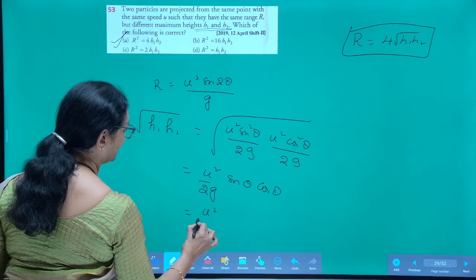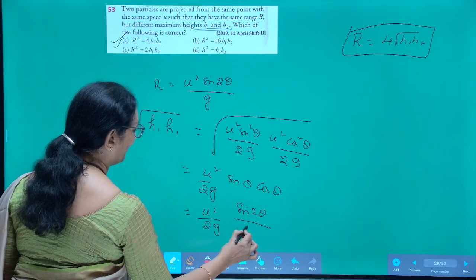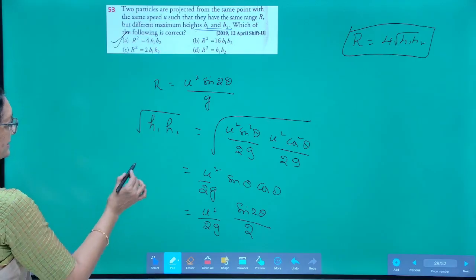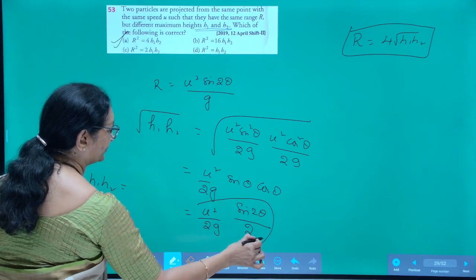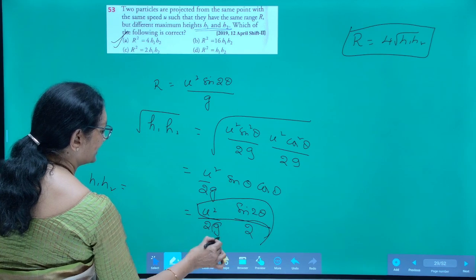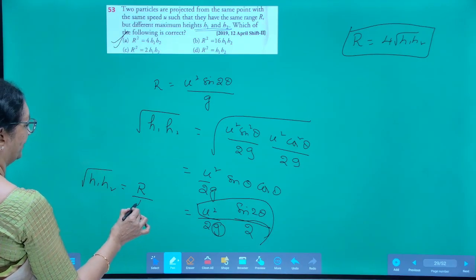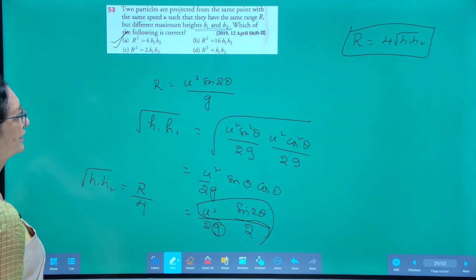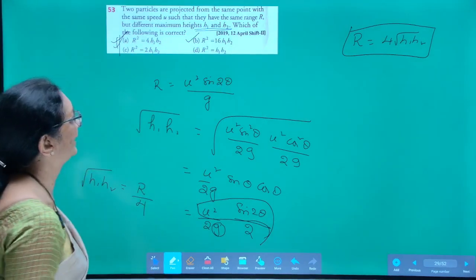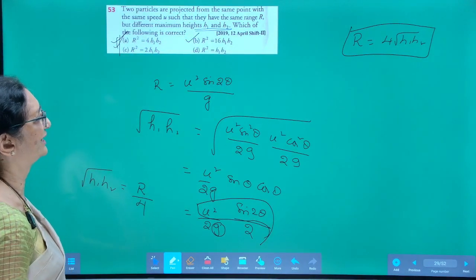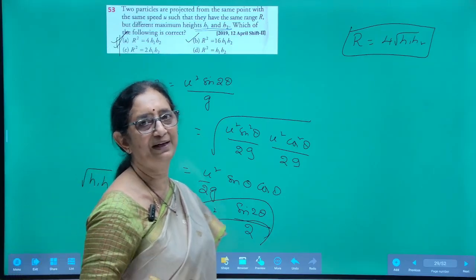This is u square by 2g into sin 2 theta by 2, right. So, root of H1 H2 is equal to u square sin 2 theta by g by 4, which is R by 4, or R is equal to 4 root H1 H2, from which R square is equal to 16 H1 H2 is the correct option. This is the simplest method for that problem.